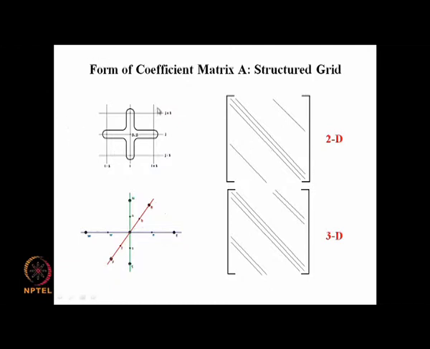For example, in the case of 2D where you have ij here and i,j+1, i,j-1, i-1,j, i+1,j, you have a computational molecule like this.